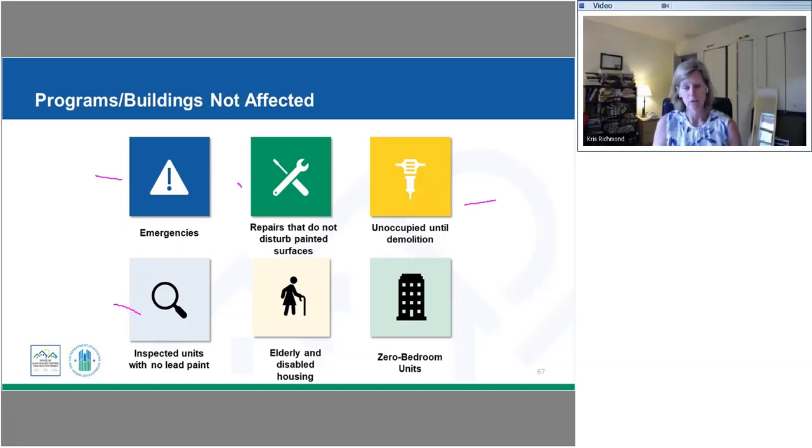That would be exempt, as well as 0-bedroom units. Now, those are not exempt if there's a child living in the unit that's under the age of 6 or is expected to live in the unit that's under the age of 6. Then the elderly, disabled, and 0-bedroom units exclusion would not apply.